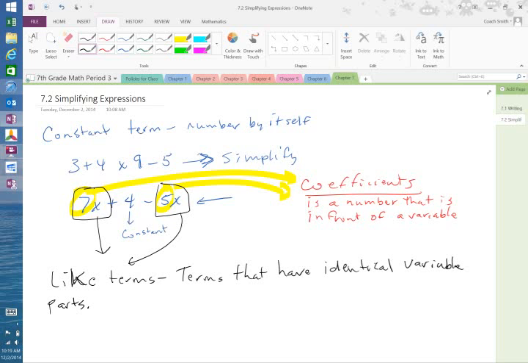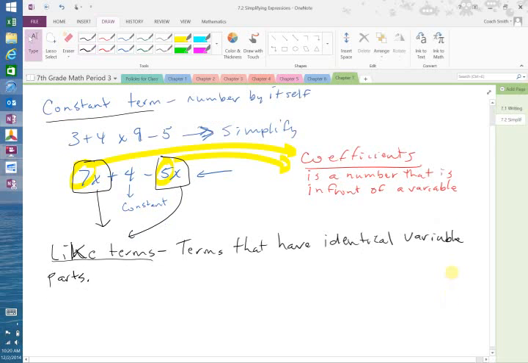In other words, the variable is exactly the same. So we have constant terms, coefficient, and like terms. Those are 3 of the main things we have to understand, to be able to do what we've got to do today.